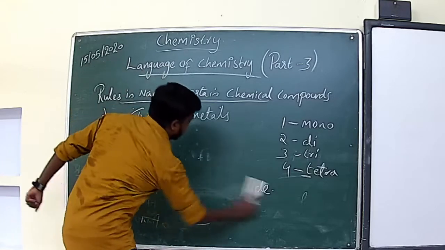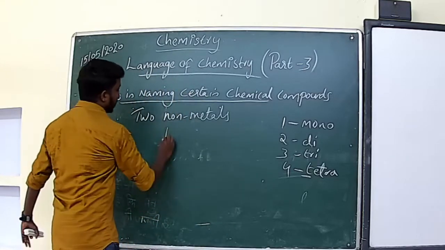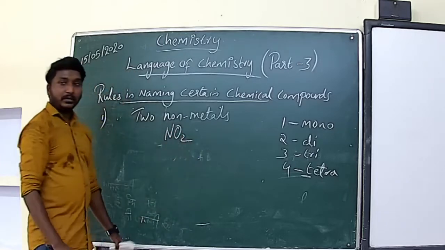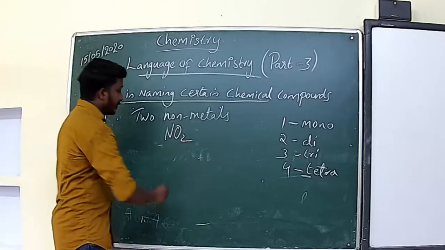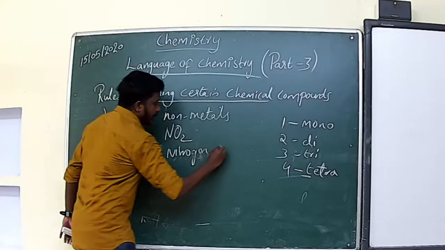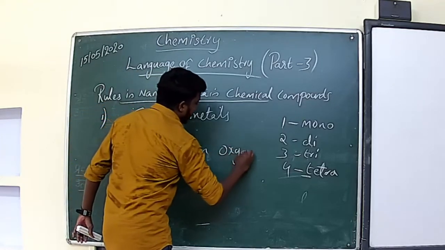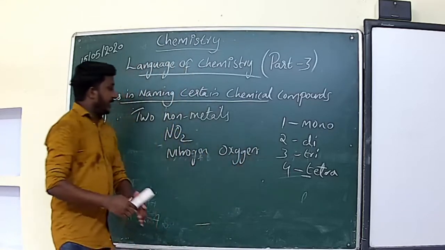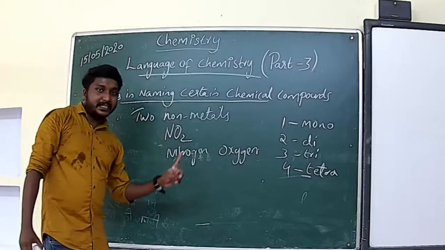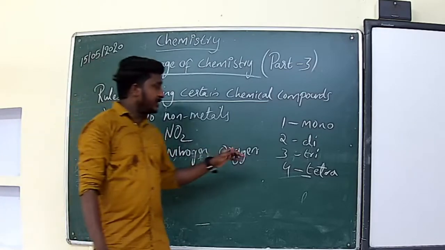So one more example we can see. Suppose NO2. So here nitrogen and oxygen. Right. If the first element is 1, it is not compulsory to mention mono.